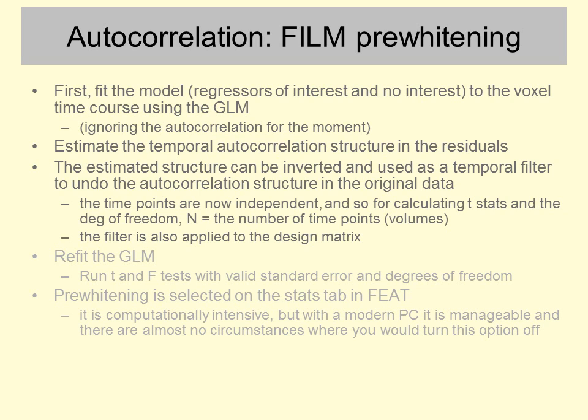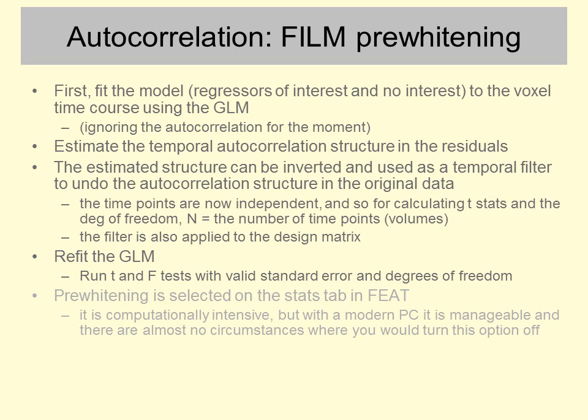And so FSL does this both for the high pass filter. It by default will apply the high pass filter to the model as well as to the data, and it will apply the autocorrelation filter to the model as well as to the data. So after all this has been done, the general linear model is fit again on the adjusted data, and then you can run valid T and F tests.